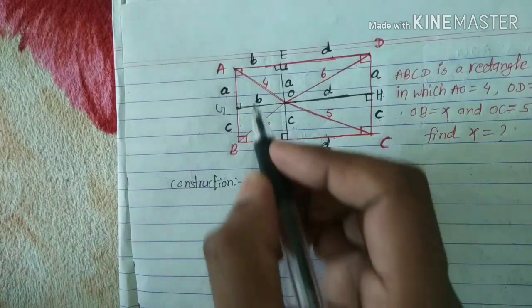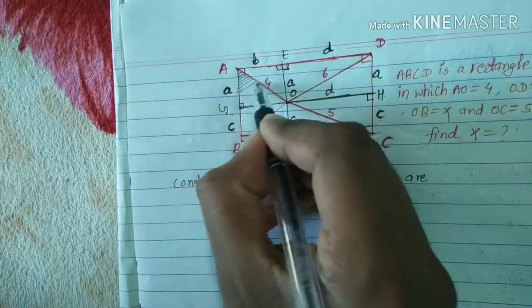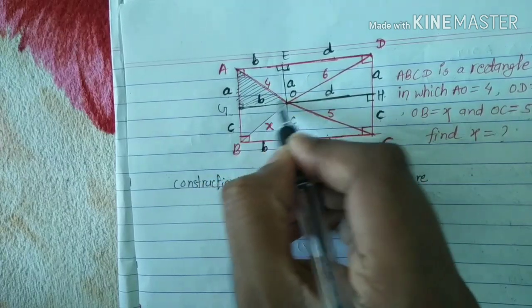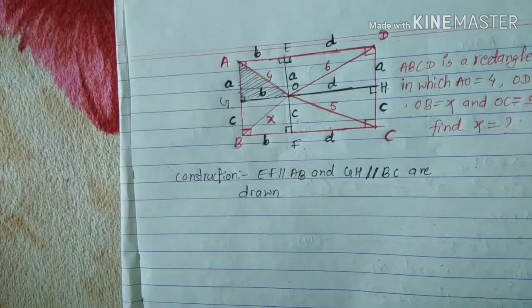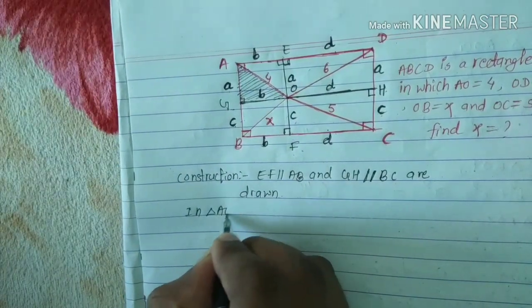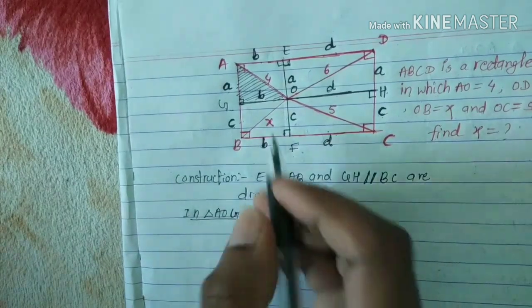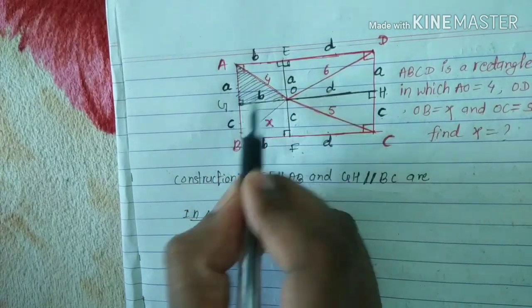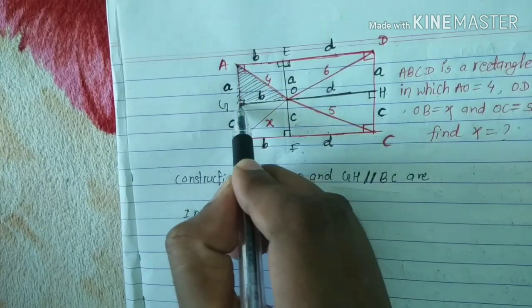Now I am going to take this right angle triangle, as you can see in the figure. We take the right angle triangle AOG. In this right angle triangle, this 4 is the hypotenuse, this is the perpendicular, and this is the base.